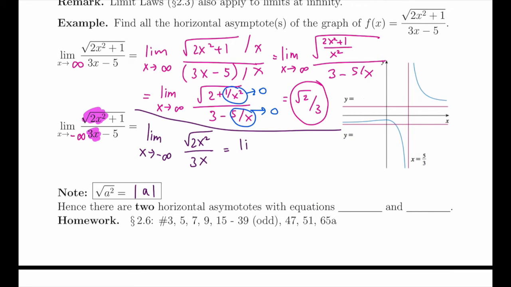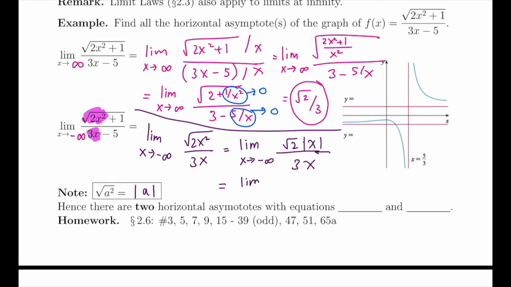All right, so we have the limit as x goes to minus infinity of root 2 times square root of x squared, which is absolute value of x, divided by 3x. We need to simplify this function before we evaluate this limit. And to do that, what we can do is say absolute value of x is negative x, because x is negative, so absolute value of x is the same as negative x.